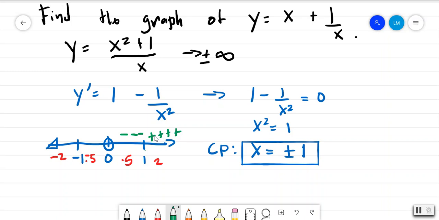If I plug in -1, that's going to give me -2. If we plug in -2, which I got just by choosing a test point, that's going to be 1 minus 1/4, so that's going to be positive as well.